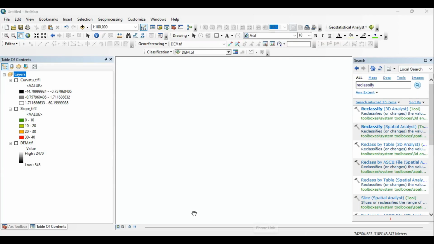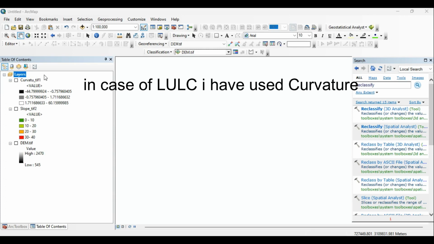Okay, in the map making section, I have used ArcGIS Medium. I have used two categories, two parameters. At first, I wanted to use land cover, but it is in vector format. So I have changed land cover to curvature.